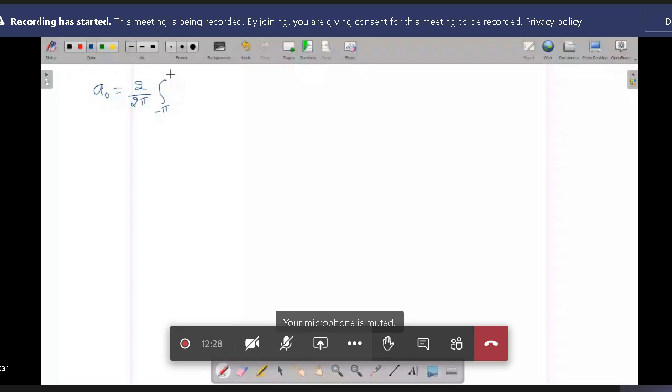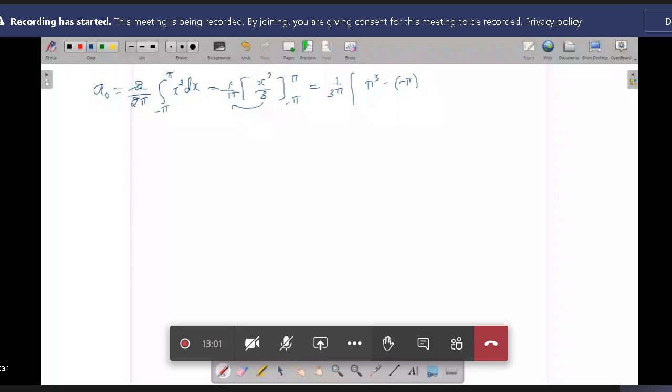The 2 cancels, 1 by pi remains, and the integration of x square is x cube by 3, with limits from minus pi to pi. 3 is constant, so I can take it outside: 1 by 3 pi into pi cube minus minus pi whole cube.